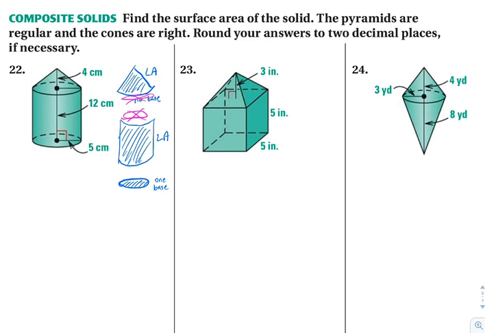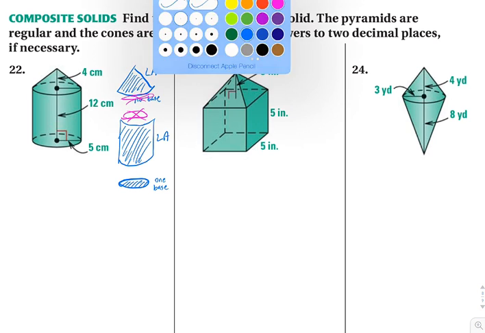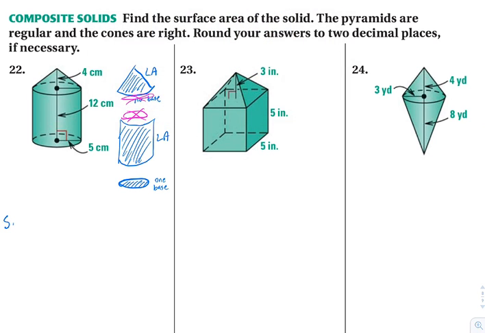You could do that. Okay, so I'm going to break this up, and I'm going to say, okay, so my total surface area is, I've got a base plus, they both have the same base, so I'm not going to clarify, plus I have the lateral area of the cylinder plus the lateral area of the cone.